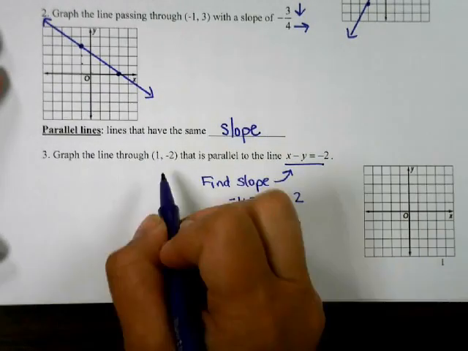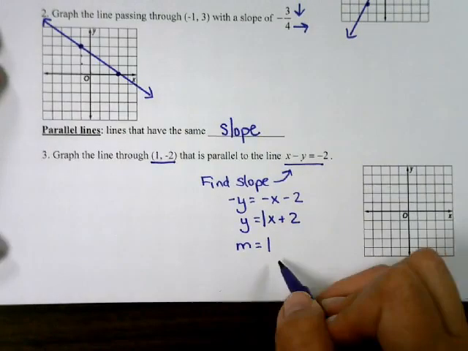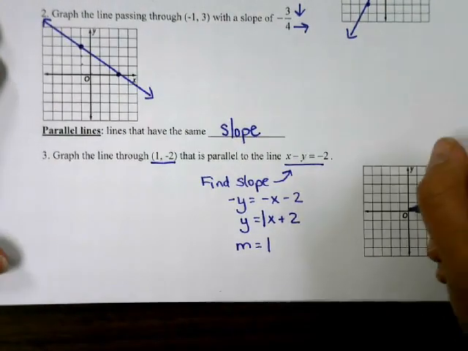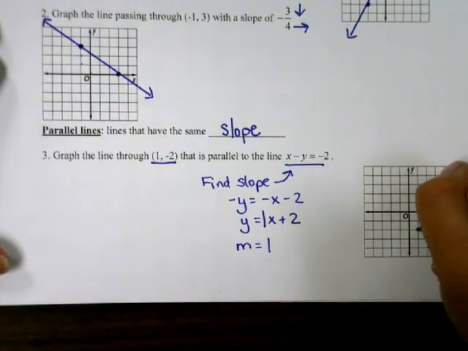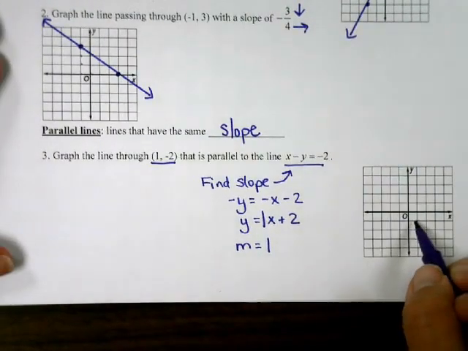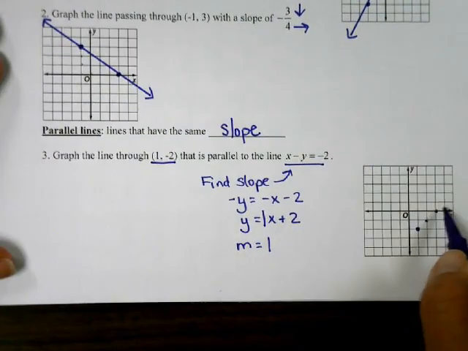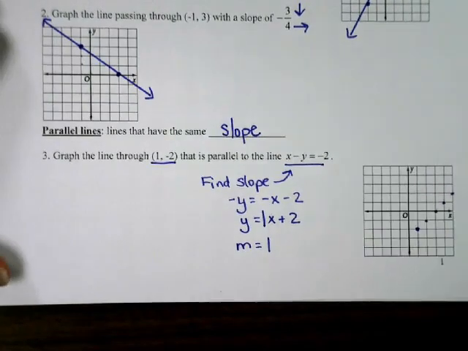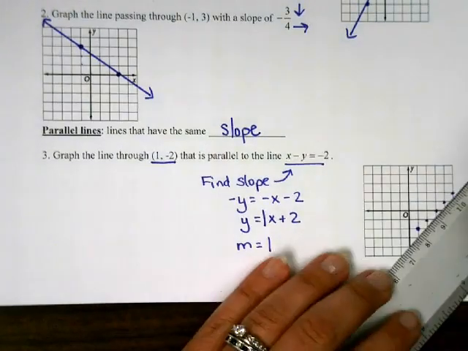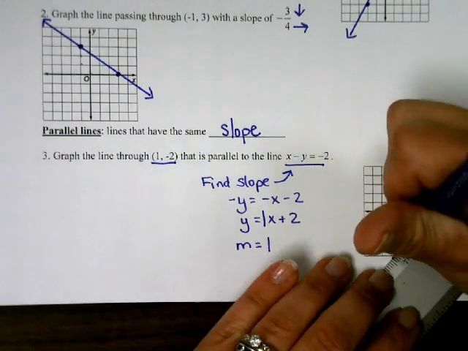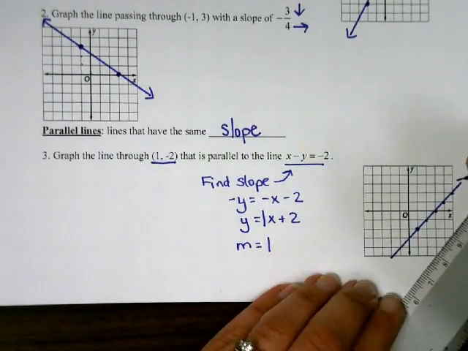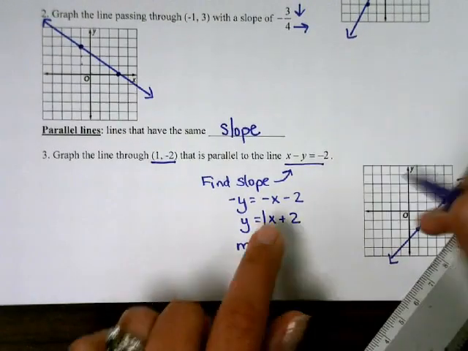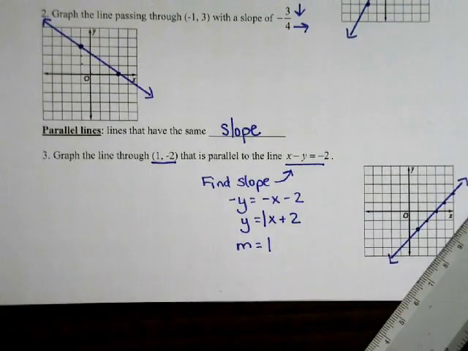So I want to graph the line that starts at (1, -2) and has a slope of +1. My slope is 1, so I'm going to go up 1, right 1, up 1, right 1. Again, it's positive, so I go up. If I go to the right, I'm always right. So this is the new line they wanted me to graph. I could also graph my original, and I'll do that in a different color so you can see it.